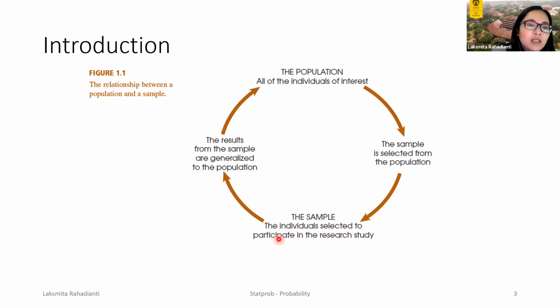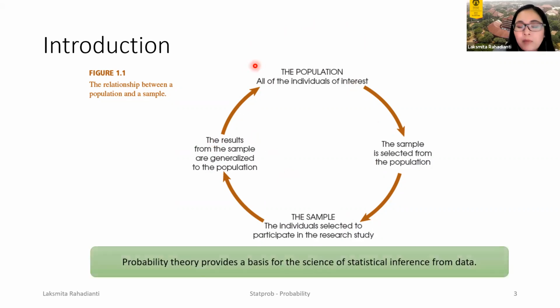Then you use these statistics to take an educated guess, a generalized idea about the entire population itself. In order to do that last process, to generalize, probability theory can give you a basis for the science of statistical inference. So if this, then what? If I have this data, then what can I conclude from it?